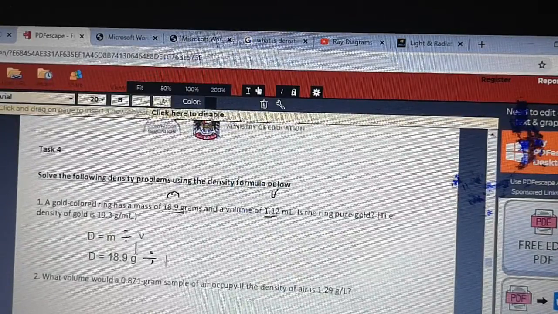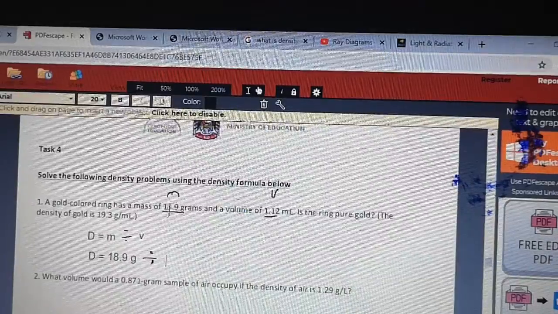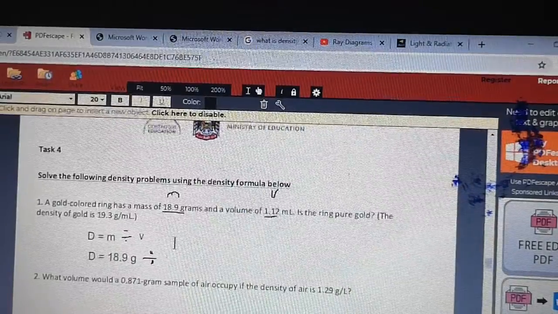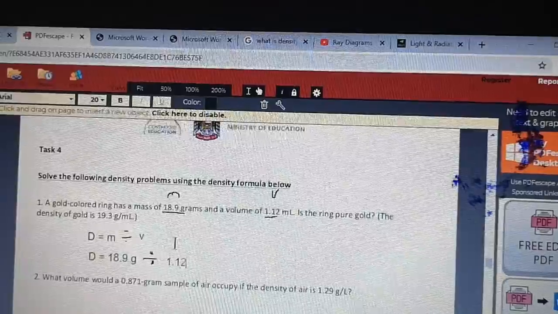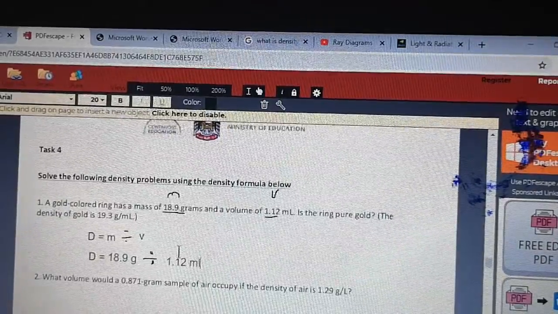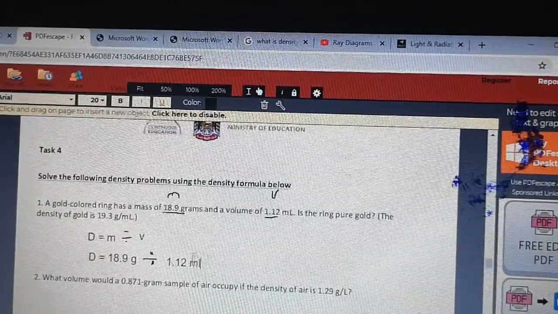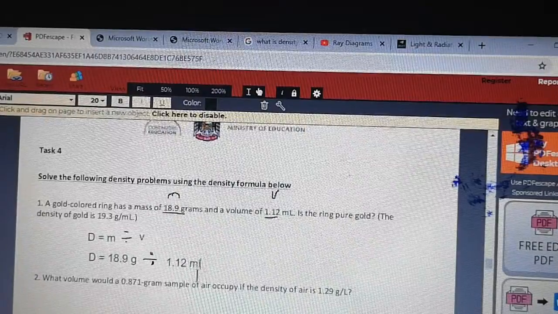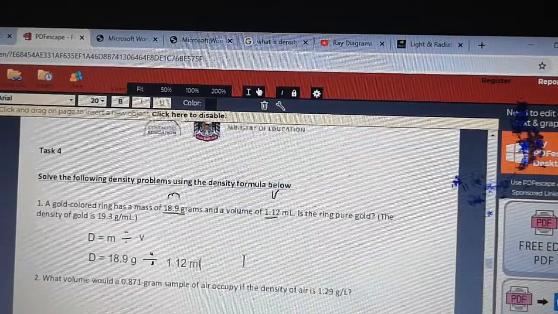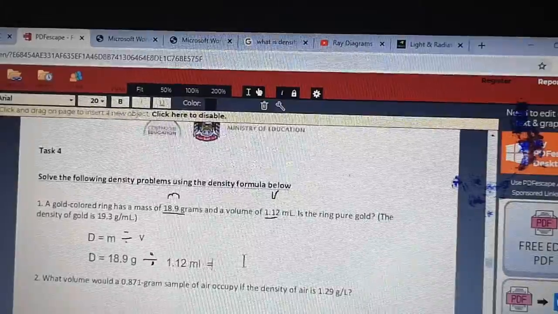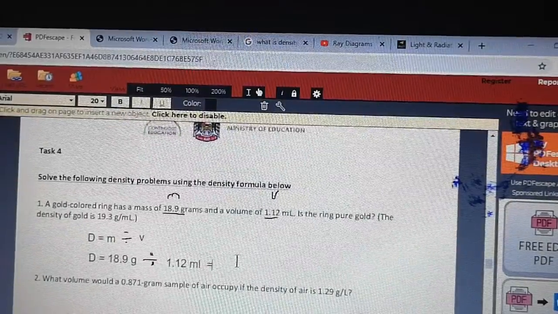This is the unit, right? G is for grams. You have to know grams for mass. And milliliters is for the liquid. Gold can be in liquid form. I know it's a ring, but never mind.